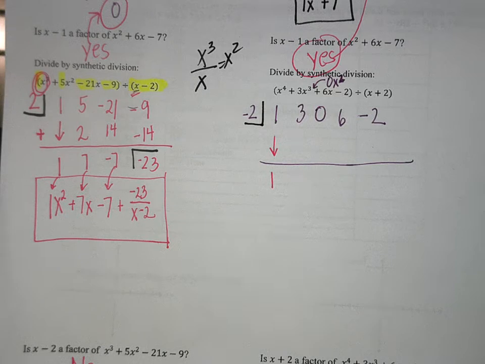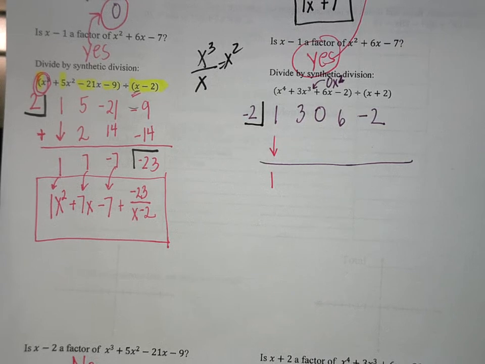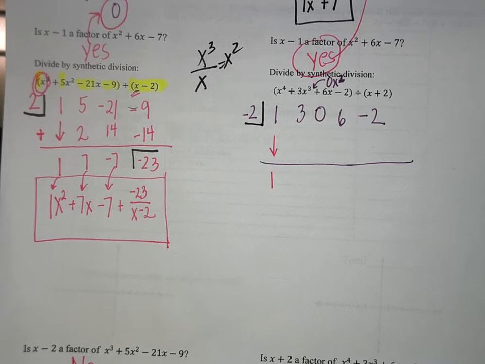Did you get negative 22 for your remainder? Okay, if you got negative 22 as your remainder, you probably did the problem correct. If you didn't get negative 22 as your remainder, you did something wrong.